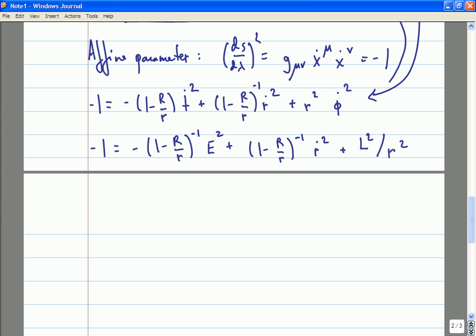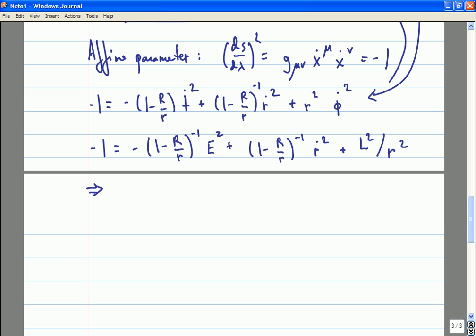So what we can do then is solve for r dot in terms of r. And what I would now like to do is solve for r dot in terms of r, and I would like to write it in a suggestive form. So r dot can be solved for in terms of r using this equation.